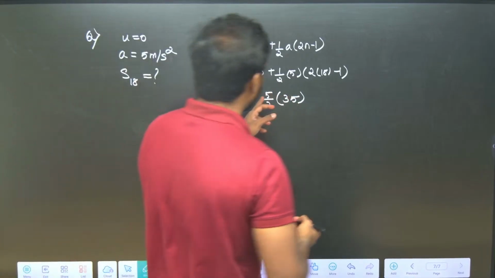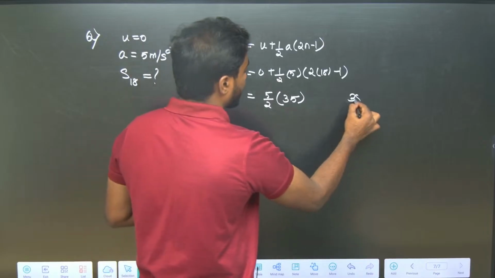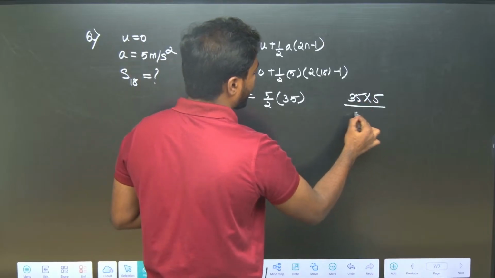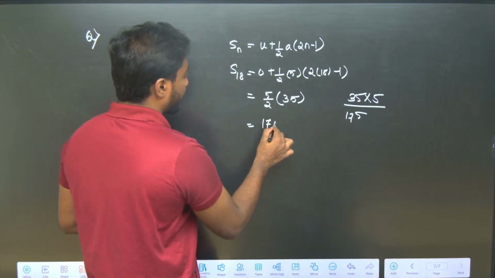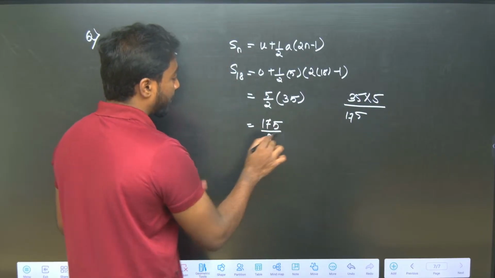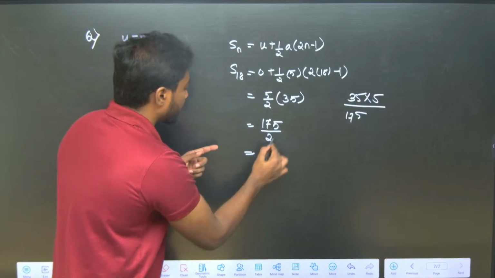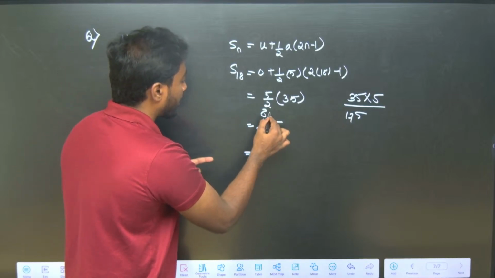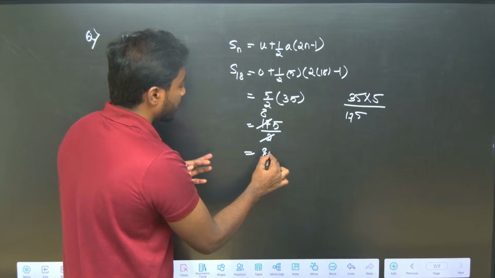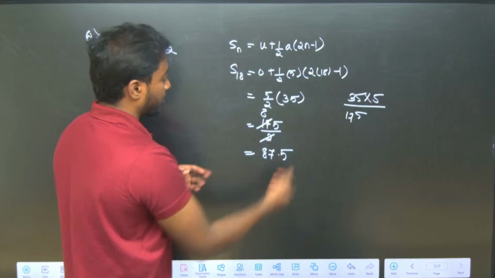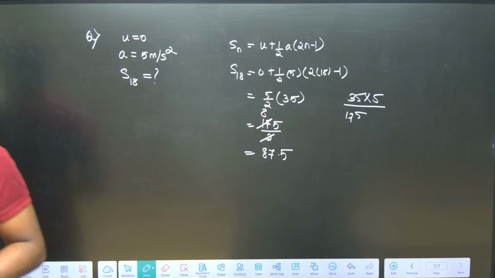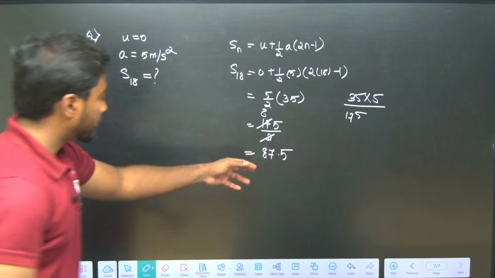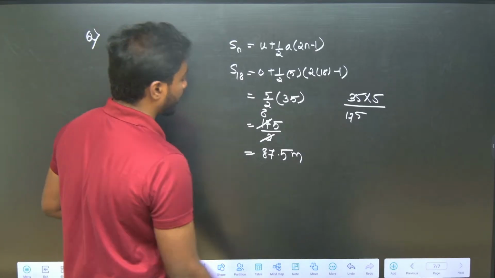So 5 into 35 is 175, divided by 2. So how much? This is 87.5. 87.5 is the answer, in meters, 87.5 meter.